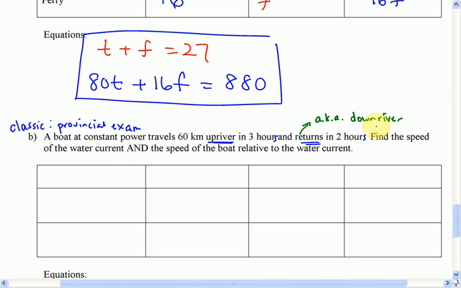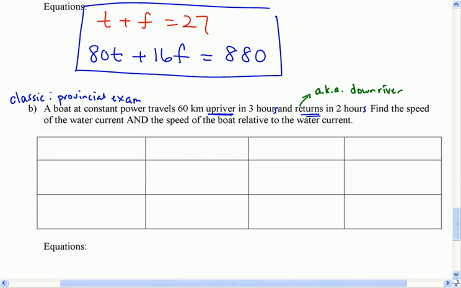So here's the question. Find the speed of the water current, meaning the speed of the current, and the speed of the boat relative to the water current. So what are my two variables, first of all, here? Speed of the boat. What letter do you want to call that? B. Very nice.